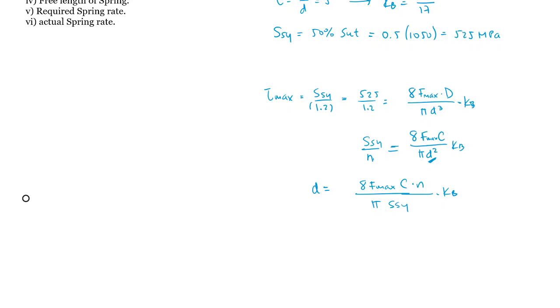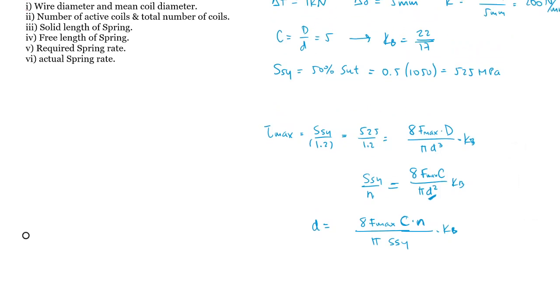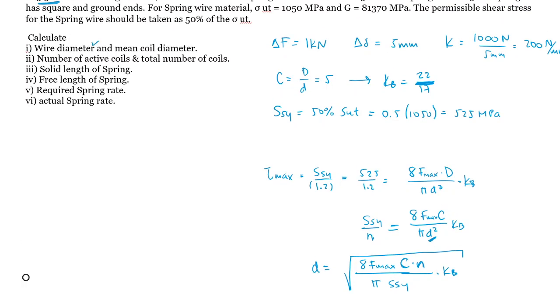In terms of variables so far, F max 3.5, C given 5, n I'm assuming 1.2 at least, SSY I already calculated as the first thing that I did, and KB, because I have C, I can calculate it, and I already did 22 over 17 here. That would give me d squared, so I'm going to do the square root of that to get my d. So I already have the wire diameter.